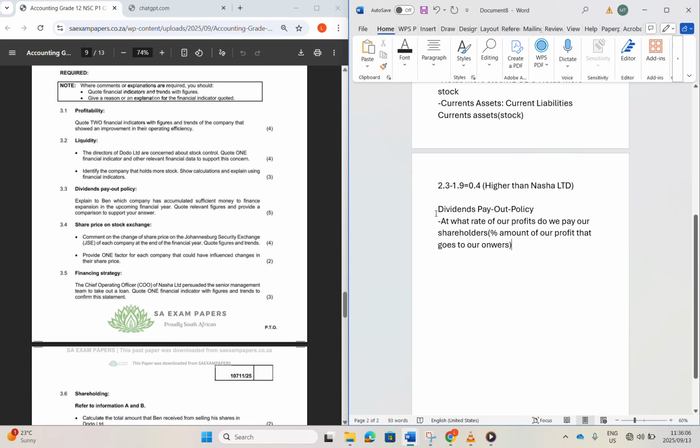So this is our dividend payout policy that goes to our owners, our shareholders.